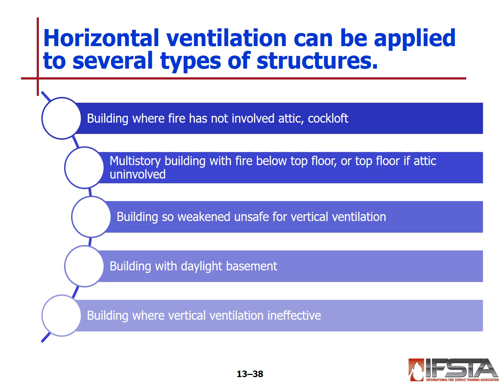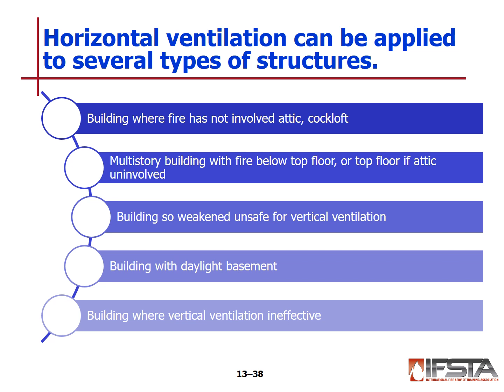Same idea. The fire's below the top floor. So if we try and do a hydraulic or a horizontal ventilation, all we're going to do is allow it to feed. The fire's going to go up instead of out. Or if the building's too weakened for vertical ventilation, it's got a bad roof, the walls are unstable.